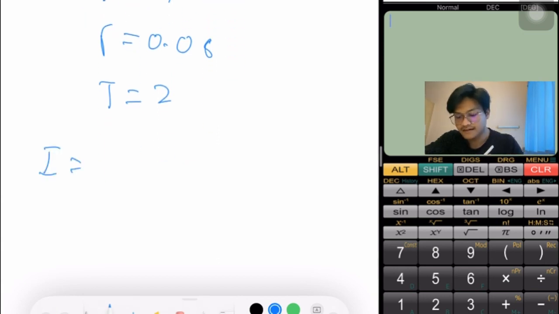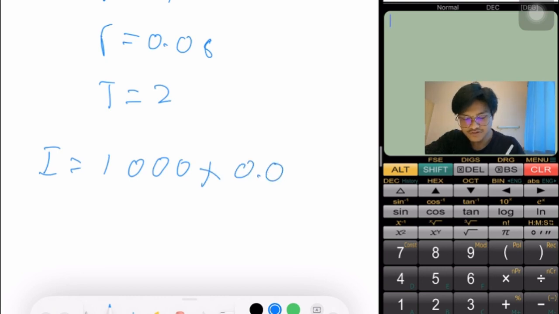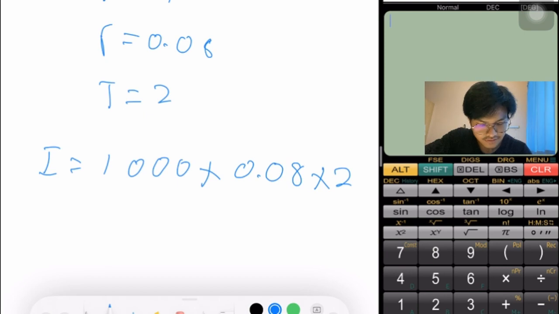So I is 1,000 times 0.08 times 2. So we put it in the calculator.